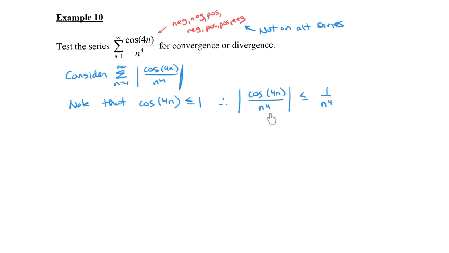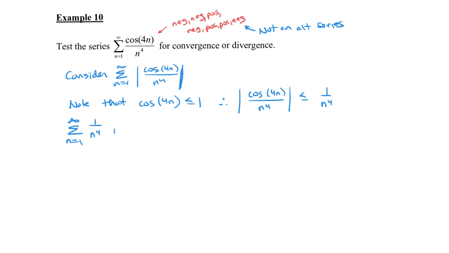So that means we can maybe do a comparison test here. So what about the series n equals 1 to infinity, 1 over n to the 4th?